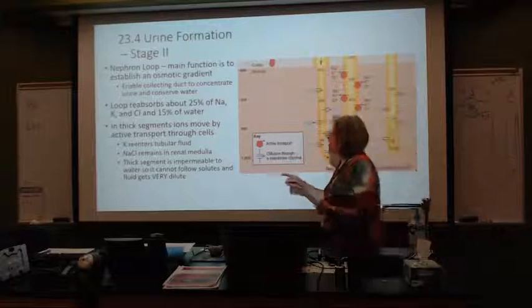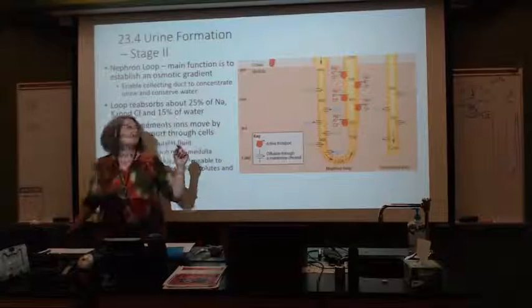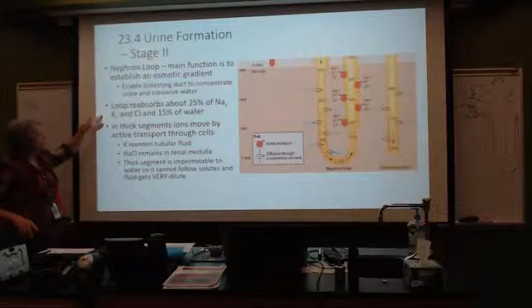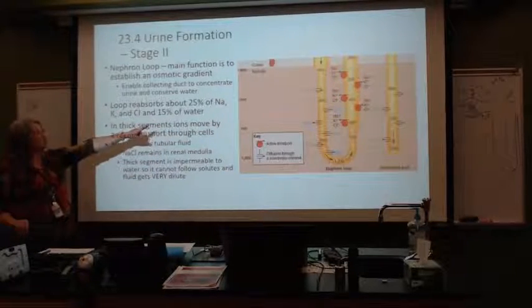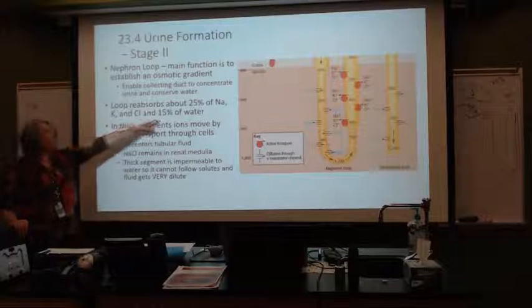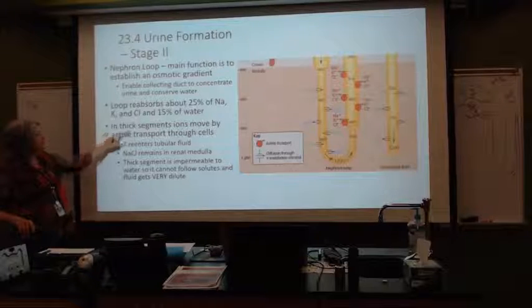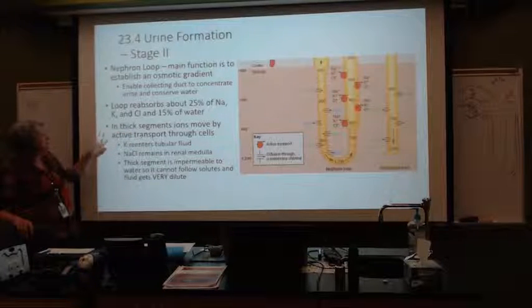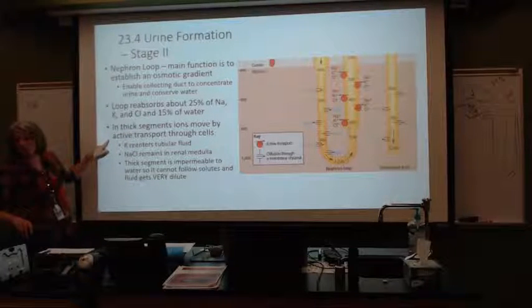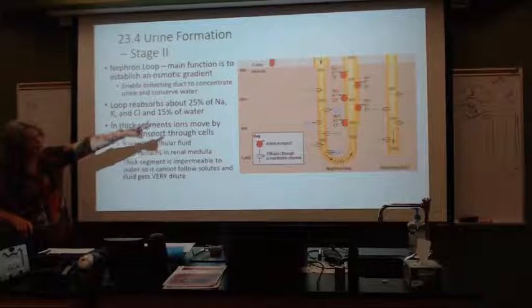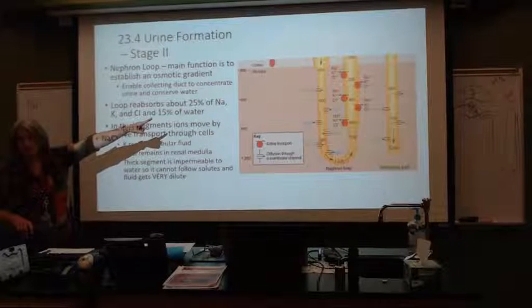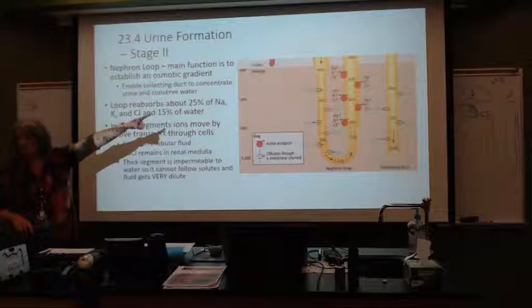As we go through the loop, we're still dealing with some of our salts, and we've got some water to deal with. In the thick segment, we have active transport that can occur. Note that active transport up there on the ascending limb for ions to move.